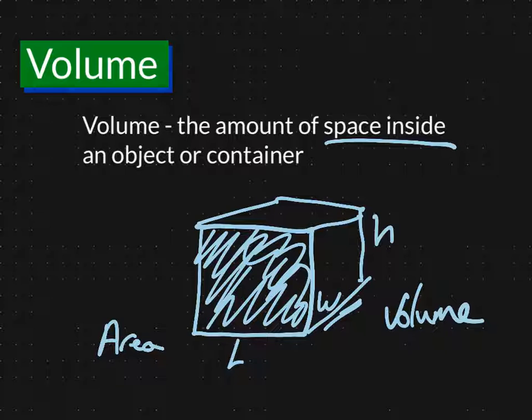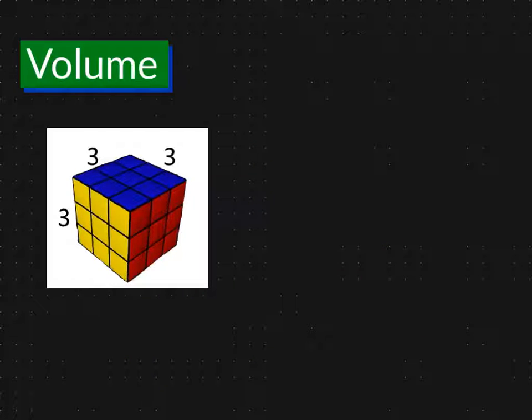So basically, the volume of an object is the area times the height, assuming, as in this cube, that the sides are parallel. Here's another example. A cube has 6 equal surfaces, and the length, the width, and the height are all the same.